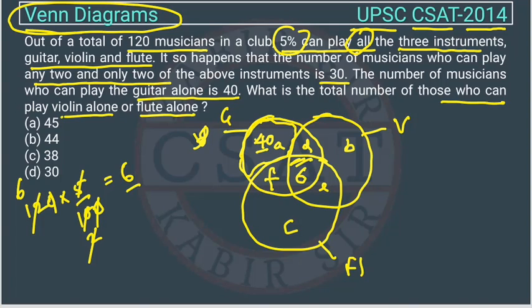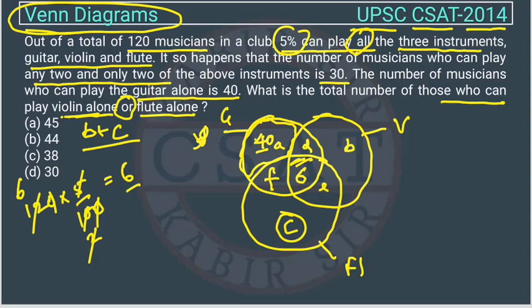So here what we have to find out is who are playing violin alone. So violin alone is B, or either they play only violin, or only flute. So flute alone is this C. So we have to find B plus C, right? And what is given?